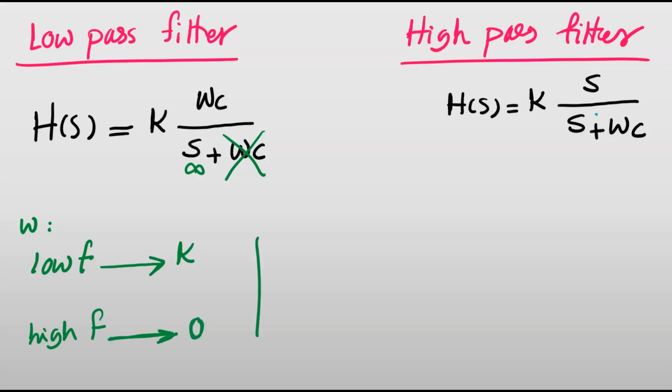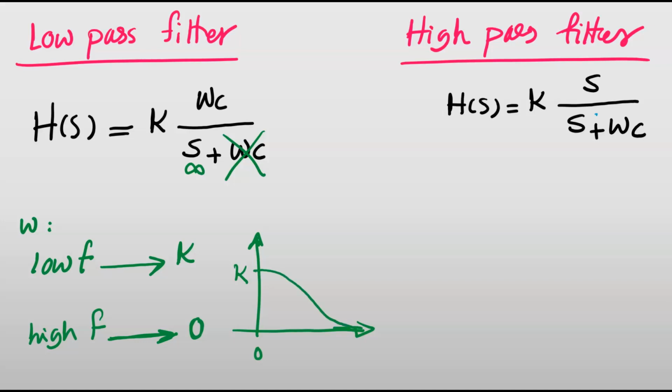So if I plot the frequency response, the magnitude of your transfer function, H of j omega, at low frequencies is close to K, and at high frequencies it's going to be close to zero. So it's going to be something like this.